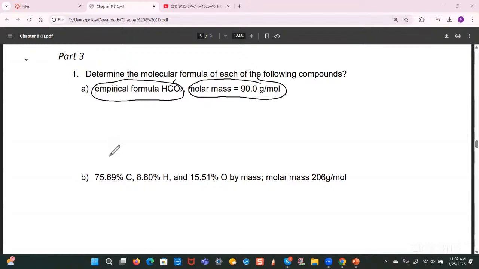Oh, no. That would be for B. Right. The very last example that we did, the one dealing with getting the molecular formula from the empirical formula. The very last example.